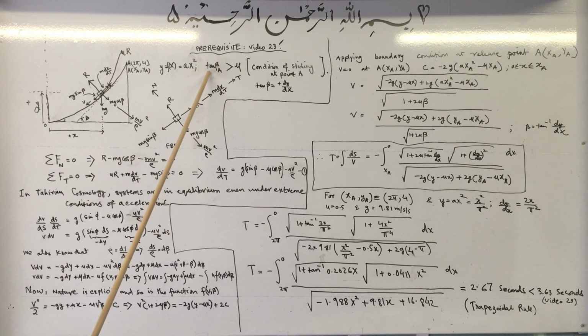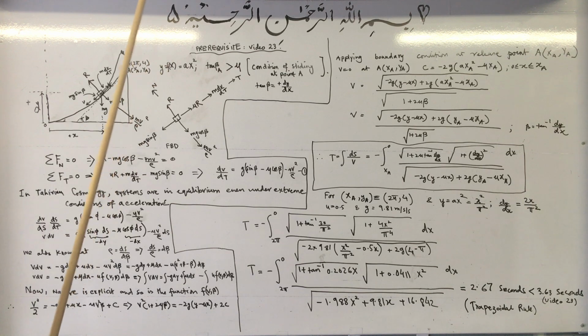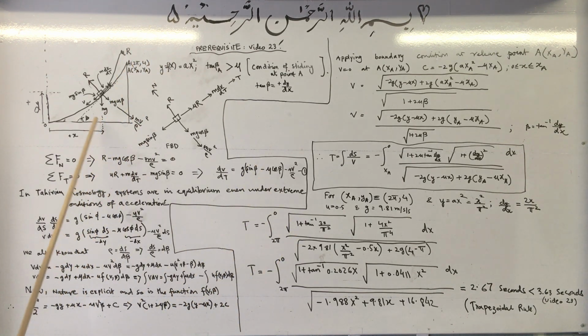Same condition, tan of beta A is greater than mu. The tan beta is the angle that the tangent at the point of contact makes with the horizontal positive x-axis. This is the tan of that angle. Tan beta A greater than mu.